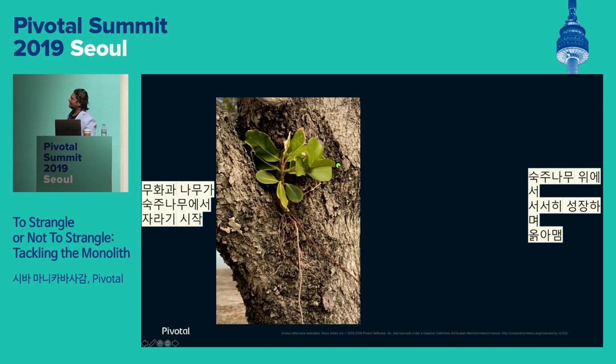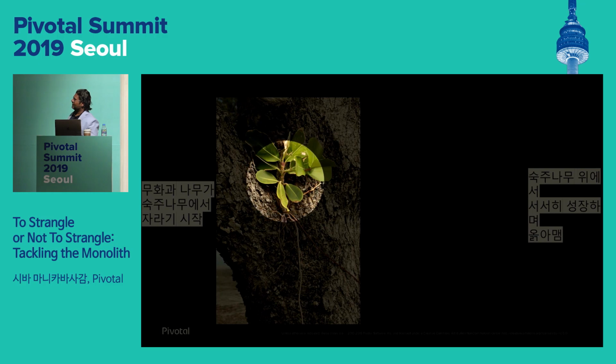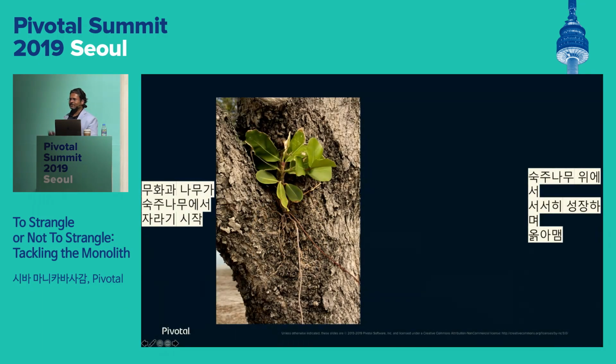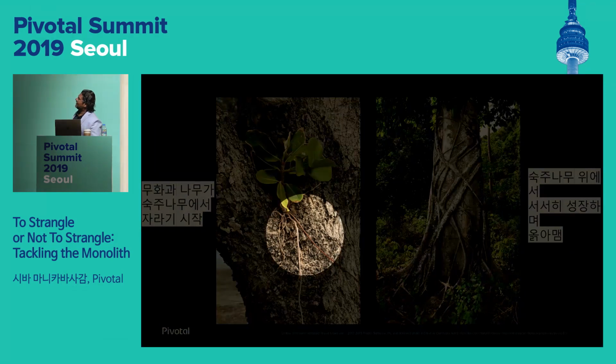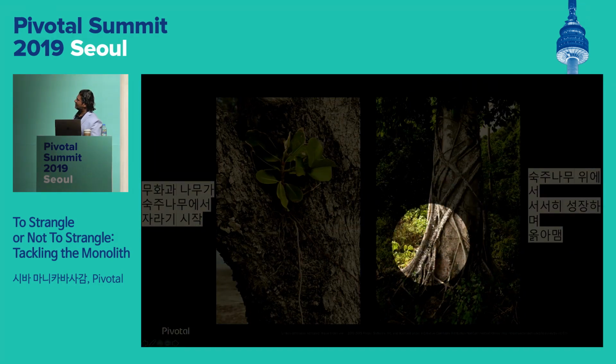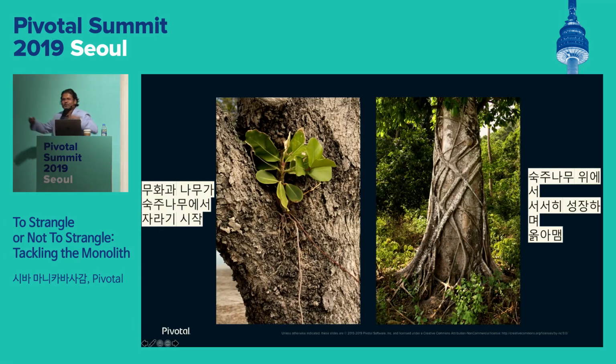If you see, it starts off as a little sapling on a big tree, and it slowly starts shooting its roots down towards the ground. Until you can see over the tree, the roots have gone down to the ground and it starts to pick up all the nutrients from the soil that is meant for the host tree, and it actually starts to consume all that nutrient traffic, right?